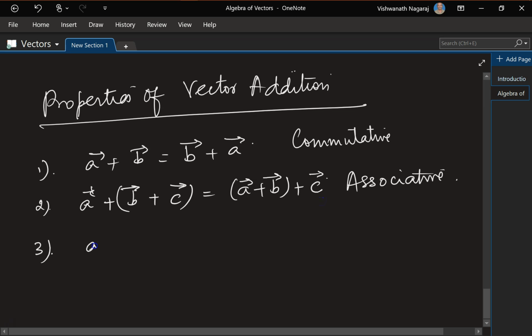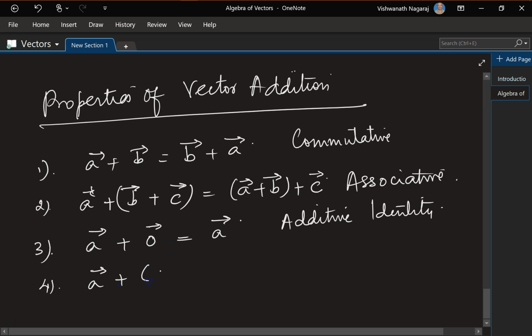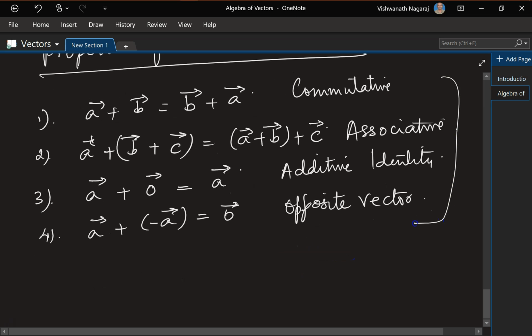Third, you have an element, that is the null vector. When you add this to any vector, you will get back the original vector. This is additive identity. A plus minus A is equal to 0. What is this? Opposites. Opposite of a given vector. So basically, when you look at this, you know that this is part of an abelian group. Okay, if you want to know what is abelian group, you have to go back to group theory.